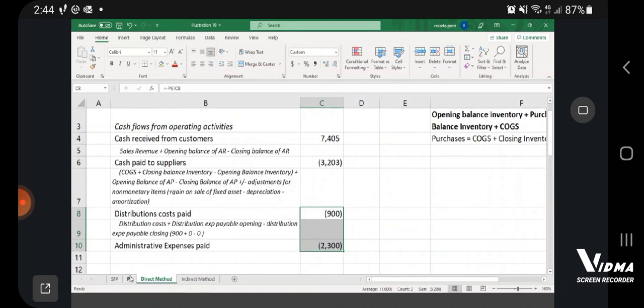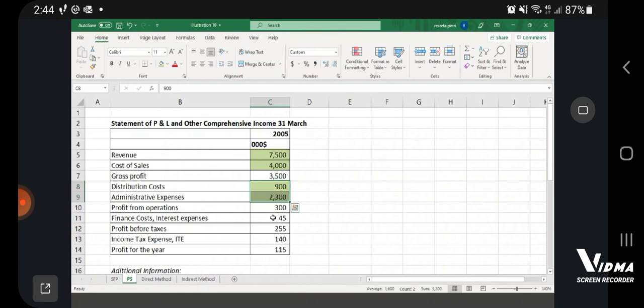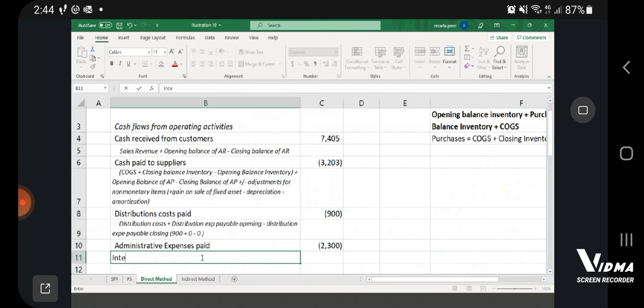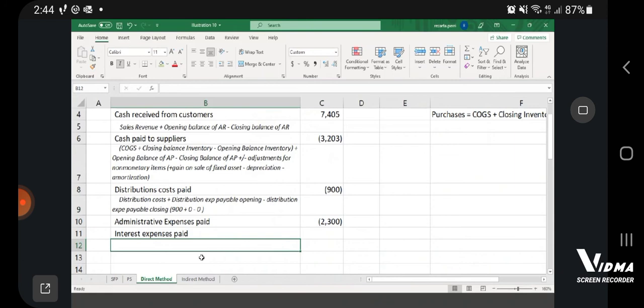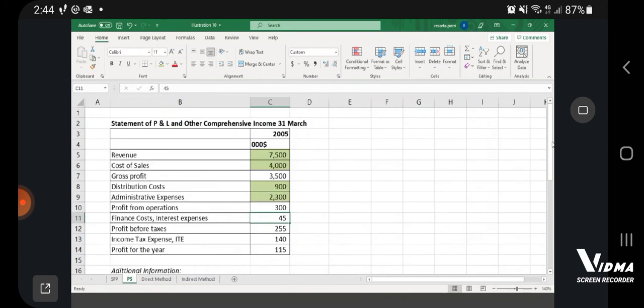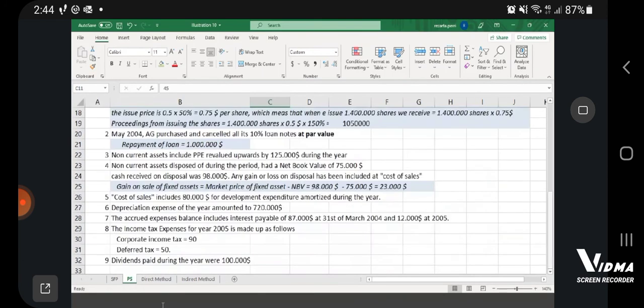Okay, the next item that I need to take into account is this one here. So it is interest expenses paid. Remember that the additional information was saying something about interest expenses. Let us see, yes.